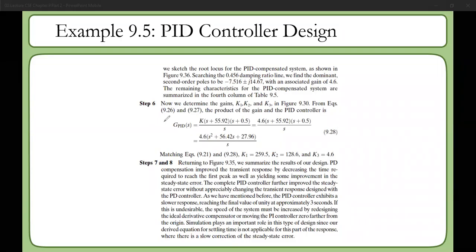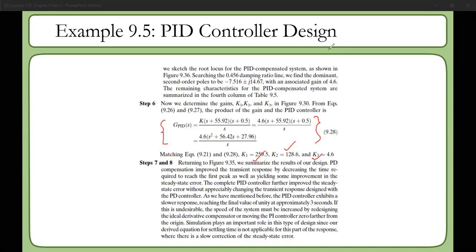So this is the final design value. Now, after having it, you have to figure out the values of KI, K1, K2, and K3, and incorporating all of this, you have to plot the root locus again and check whether all the performance parameters you calculated are fulfilled or not.